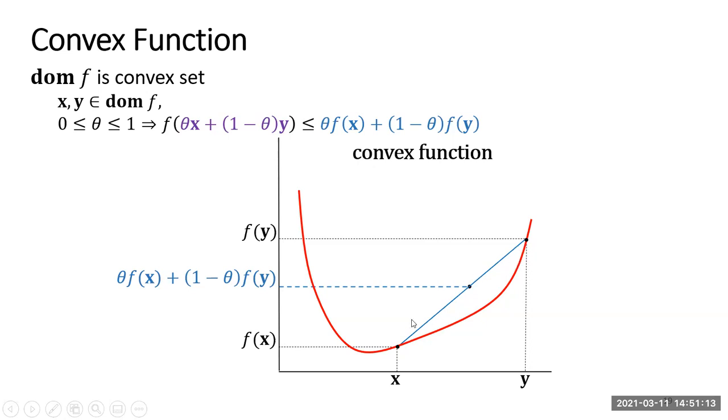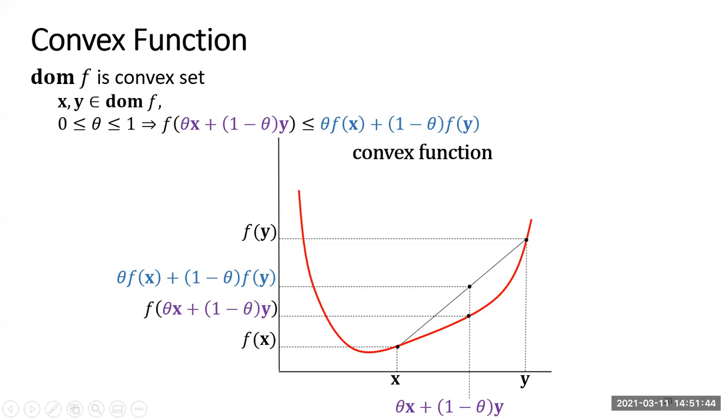So I've divided this straight line joining x, fx and y, fy into this ratio. This is 1 minus theta, and this is theta. This ratio is the same as this ratio, and the same as this ratio.